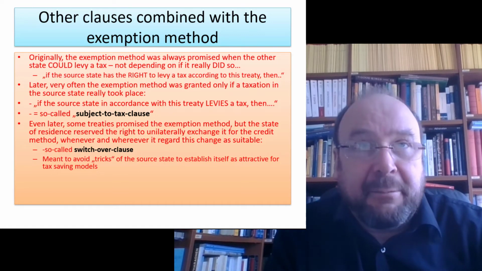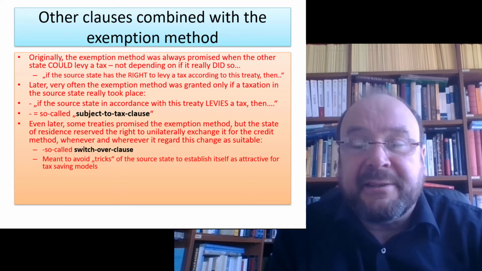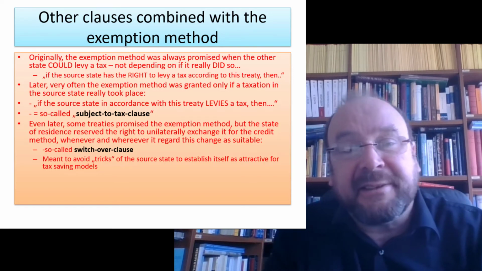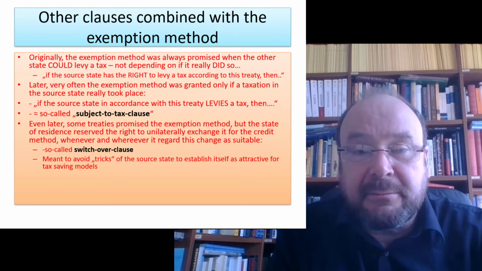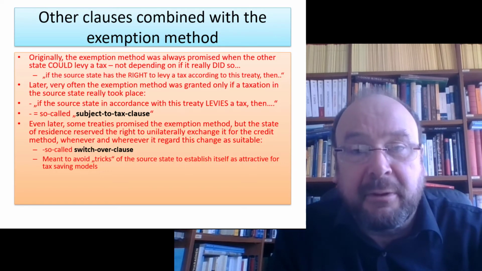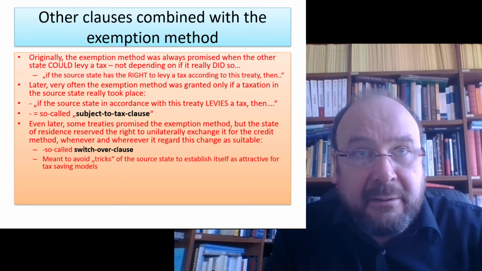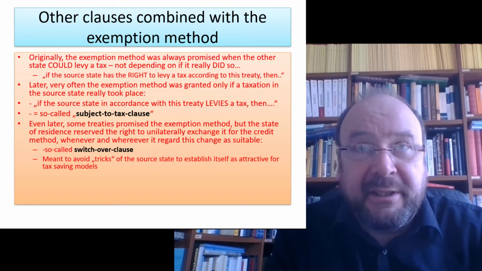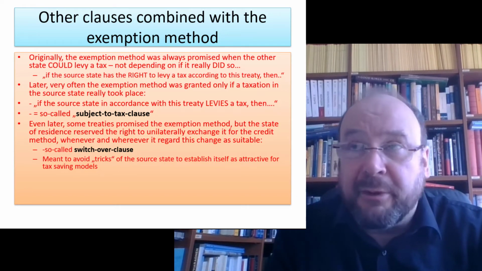And the switch-over clause is meant to counter-attack such tricks which I mentioned to escape a subject to tax clause. For example, what happens now in case that a foreign state makes such a superb offer to my people? All my local investors pay 40%, but investors from Germany can get away with 0.1%.